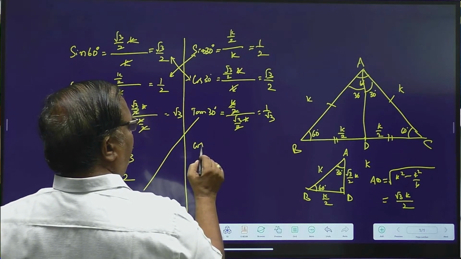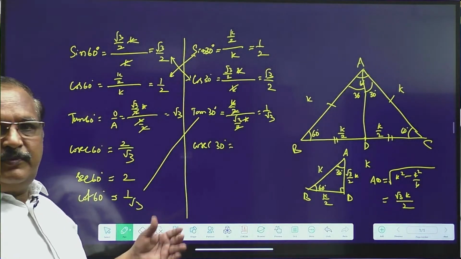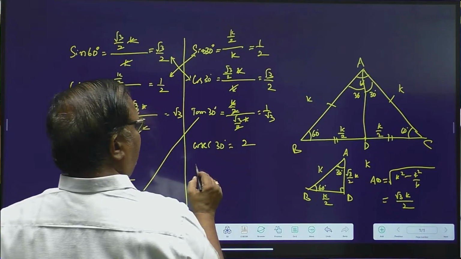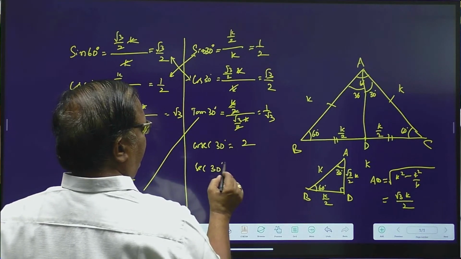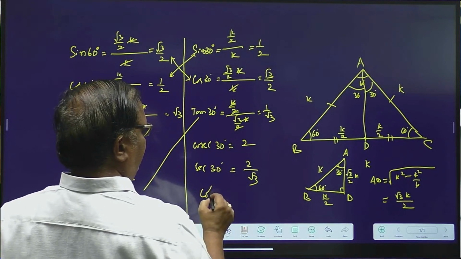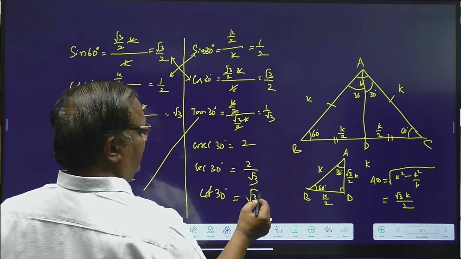Cosecant 30 is equal to the reciprocal of sine, so 1 by 2 becomes 2. Secant 30, reciprocal of cos, is 2 upon root 3. Cot 30 is equal to the reciprocal of tan, root 3.